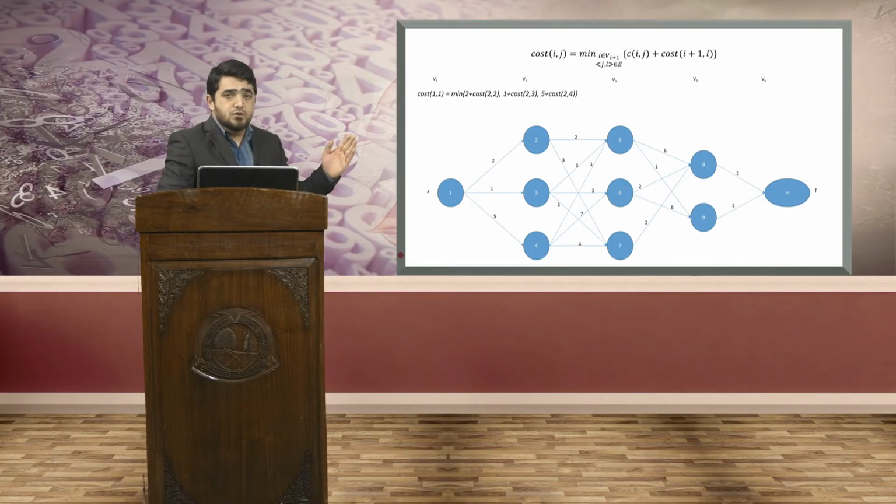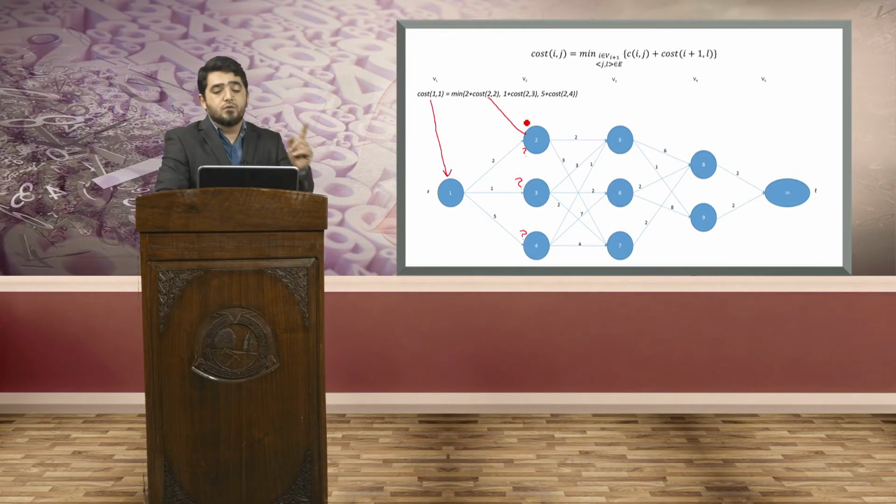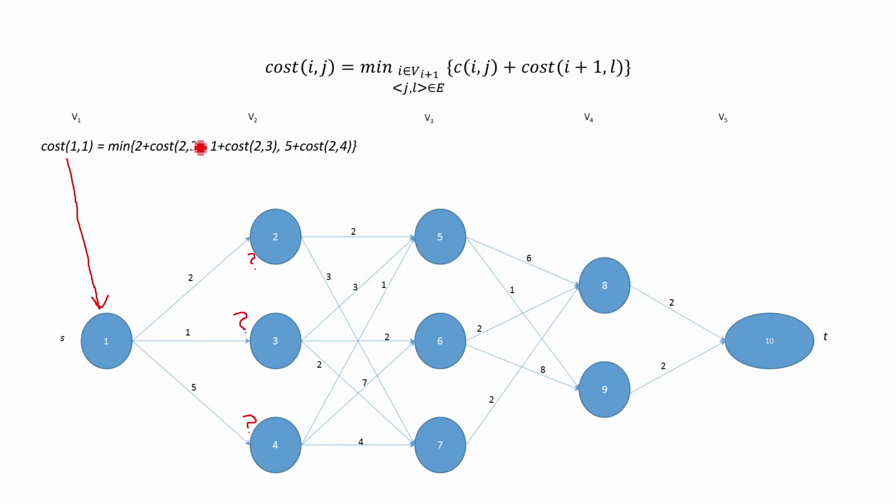If we choose node number 1 in the first stage, so cost of 1 comma 1, meaning the cost of choosing node number 1 from the first stage, is equal to the minimum of either choosing node number 2 in the next stage plus the cost that is incurred from choosing 2 later on, and 1 plus the cost of the edge from 1 to 3 plus the cost of going from 3 to the last node, and 5, which is basically the cost of the edge from 1 to 4 plus the cost of going from node number 4 to the last stage.